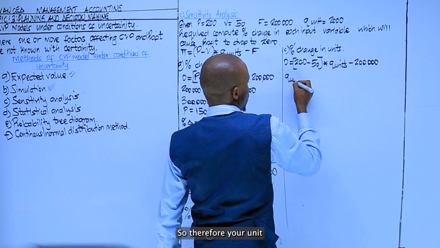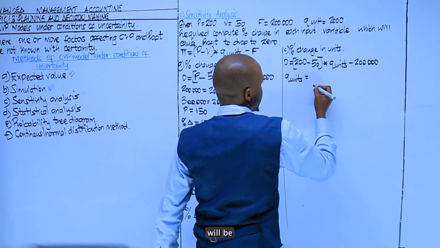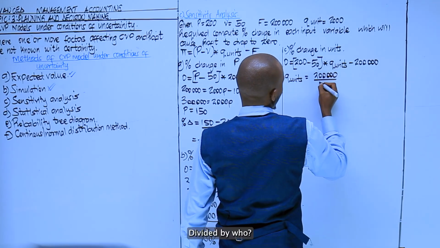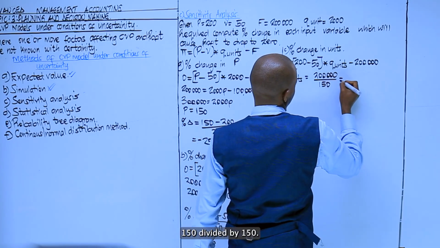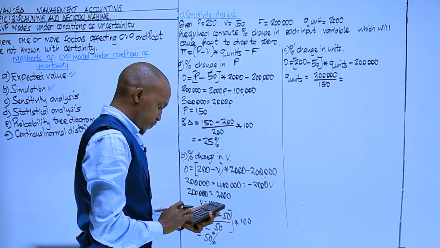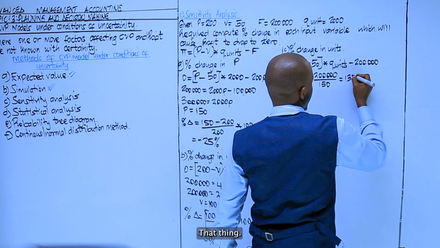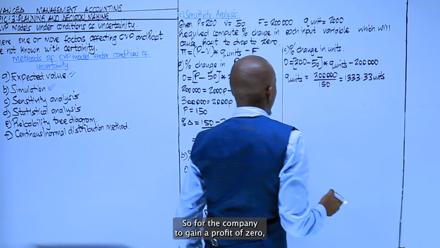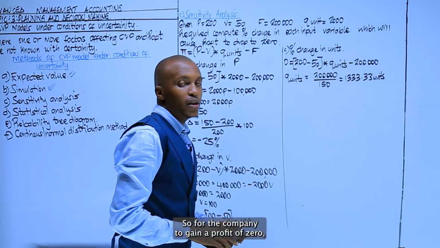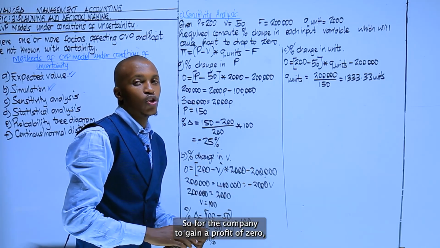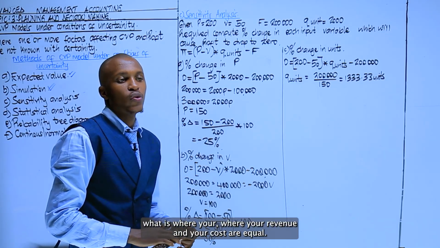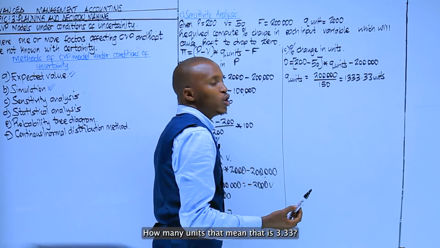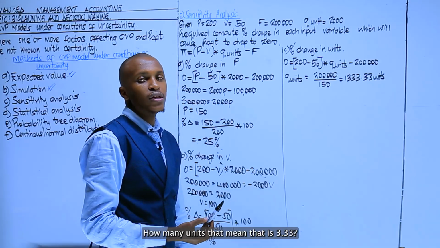So therefore, your units will be 200,000 divided by 150, which is 1333.33 units. So for the company to gain a profit of 0, which is where your revenue and your cost are equal, you have to sell 1333.33 units.